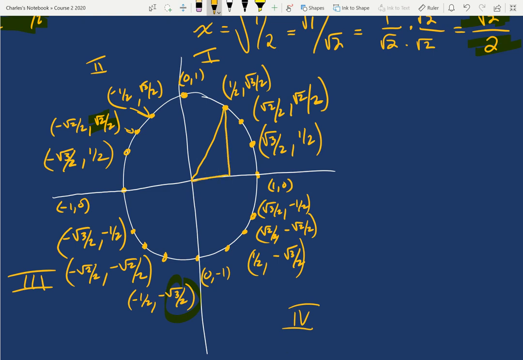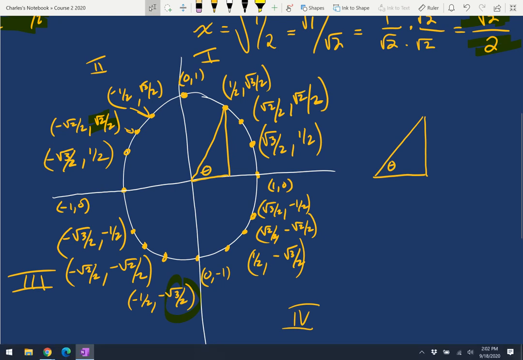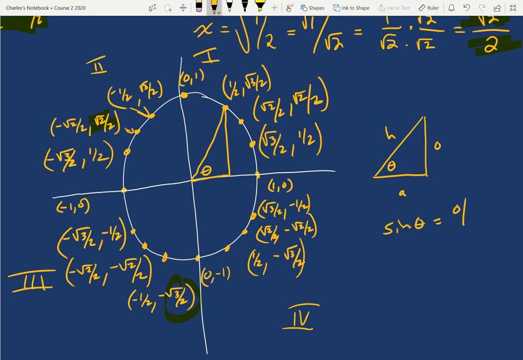If I call this theta, and I write it over here, we might remember that this is the opposite, this is the adjacent, this is the hypotenuse from trigonometry. And so the sine of theta would be opposite over hypotenuse. The cosine of theta would be adjacent over hypotenuse. And the tangent of theta is going to be opposite over adjacent.